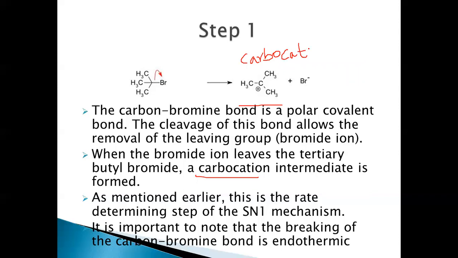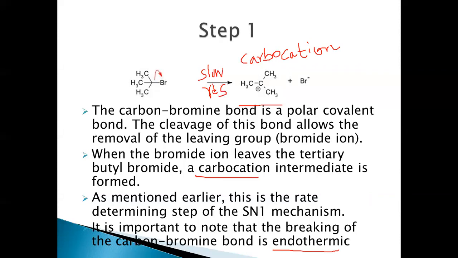So the Br minus leaves, resulting in the formation of this carbocation. And this is an endothermic reaction because there is a bond breakage involved here. This is an endothermic reaction, and this is the slow step reaction. So this is the rate determining step of the reaction.